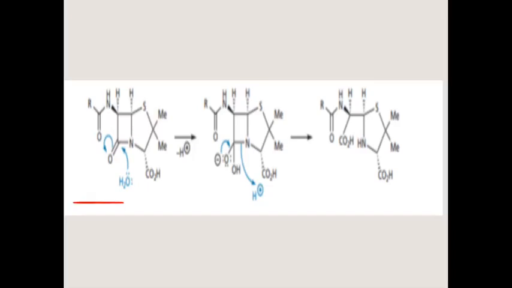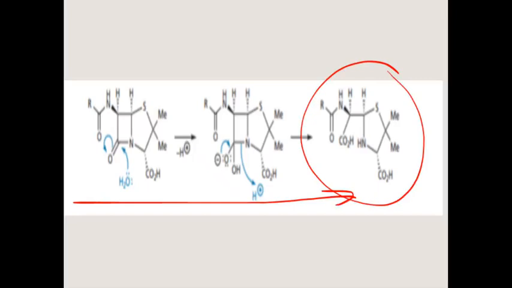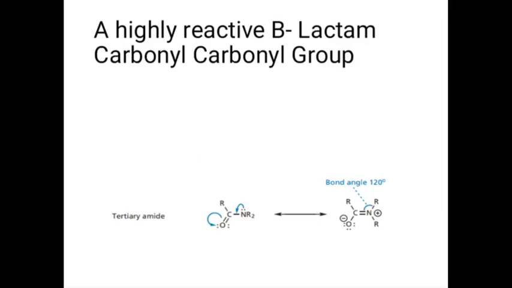Okay, as a result, the ring opens, as you can see. Okay, then we have a highly reactive beta-lactam carbonyl group. Now, the carbonyl group in the beta-lactam ring is highly susceptible to nucleophiles and does not behave like a normal tertiary amide.